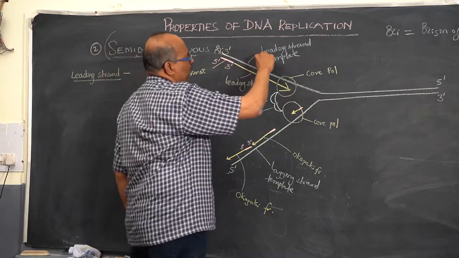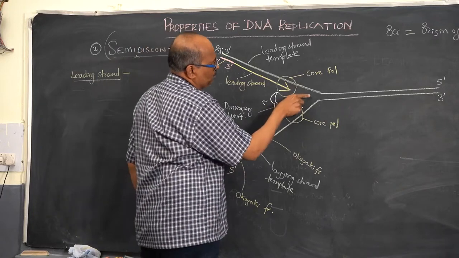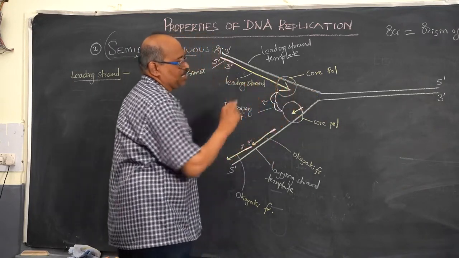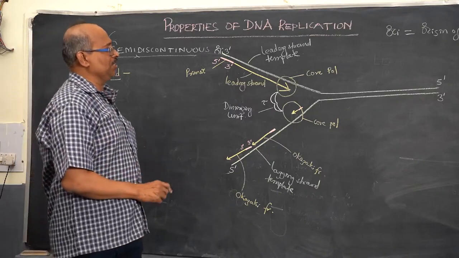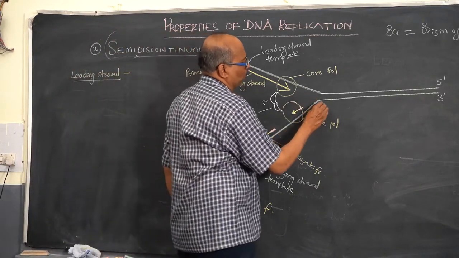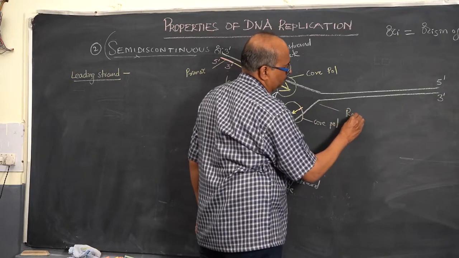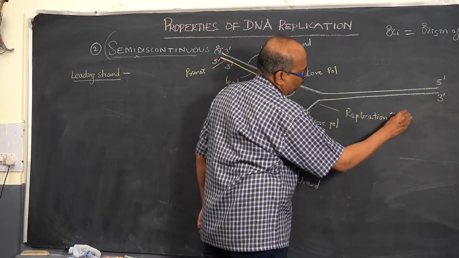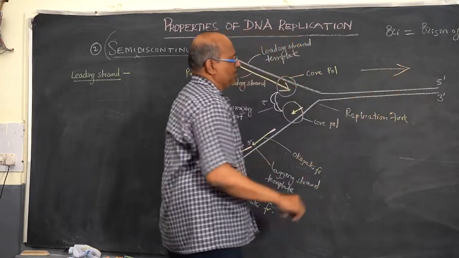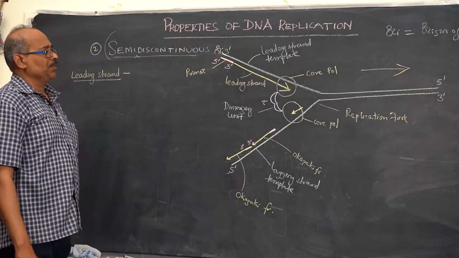It moves away from the origin. It moves in the direction of that Y-shaped structure. The Y-shaped structure which is formed during replication is called the replication fork. And this is the direction in which the fork is moving.